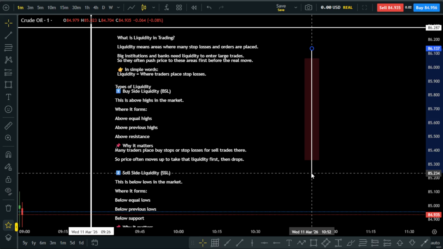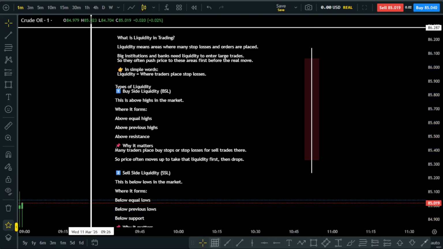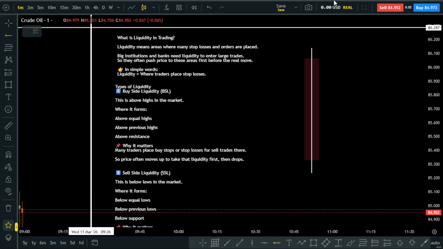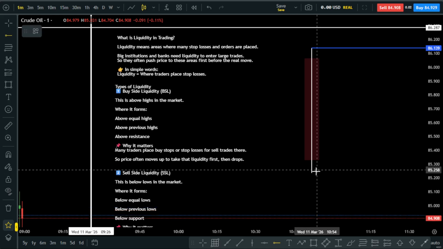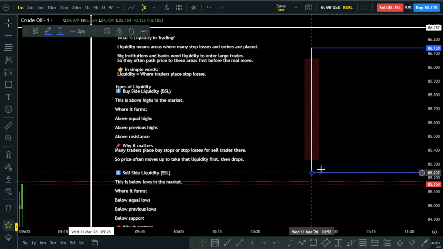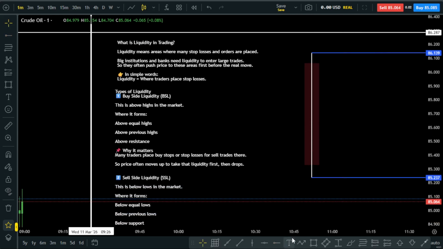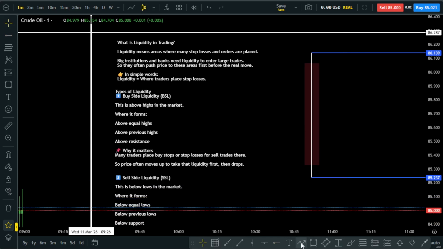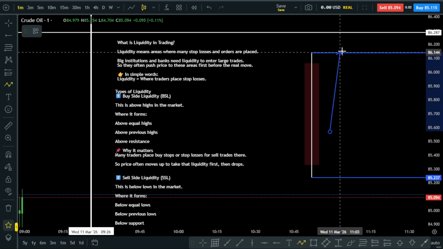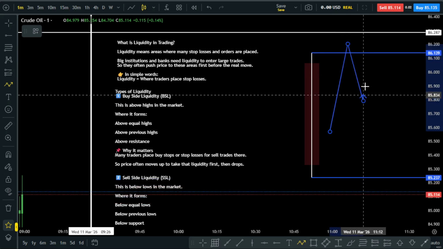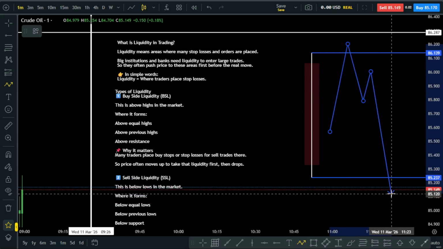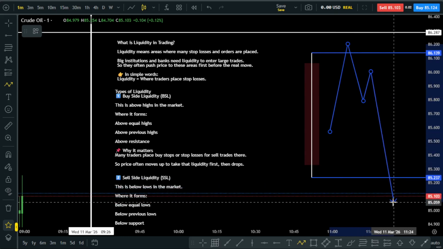For instance, if you want to start trading, what you do is you mark the high and you also mark the low. Why? Because it is believed that, for instance, if price starts by taking the high first, in most cases there is a probability of coming to take the low.